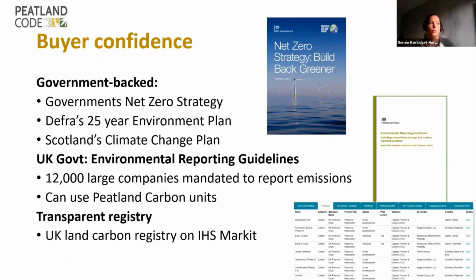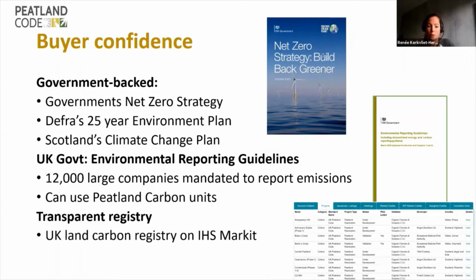The Peatland Code is about selling carbon units, and to be able to sell carbon units, you need buyer confidence. So it's really important that we are government backed. You can see that the Peatland Code is mentioned, for example, in the government's net zero strategy that came out last week. We've got government funding going into the code as well. Scotland's climate change plan also mentions the code.